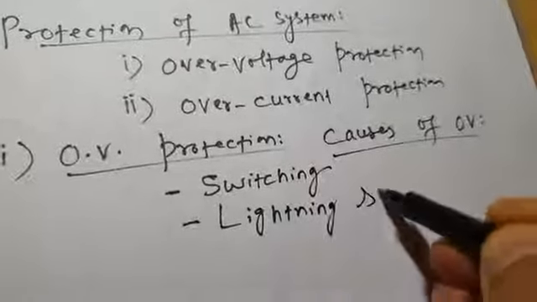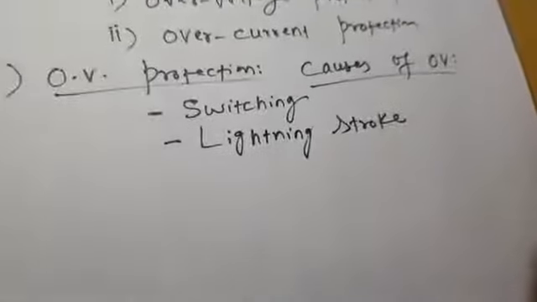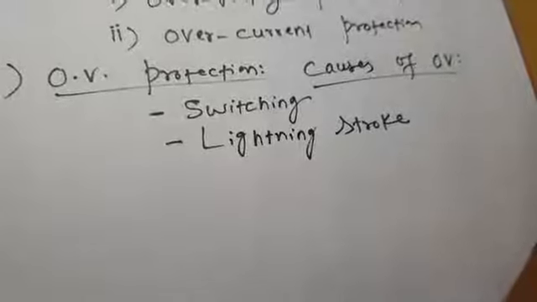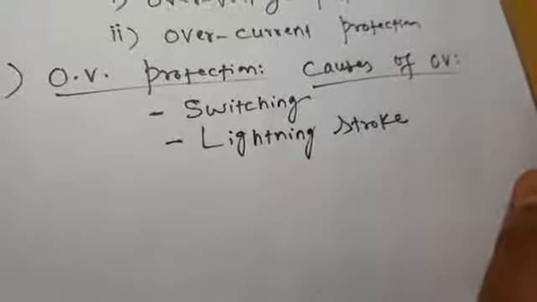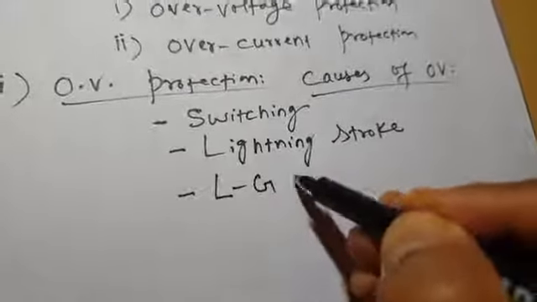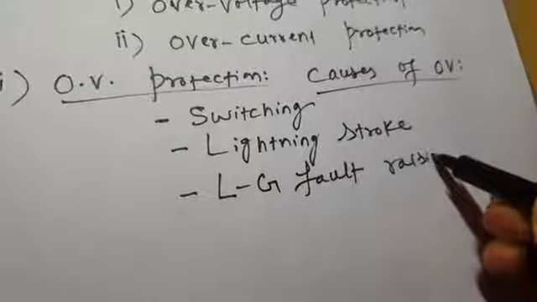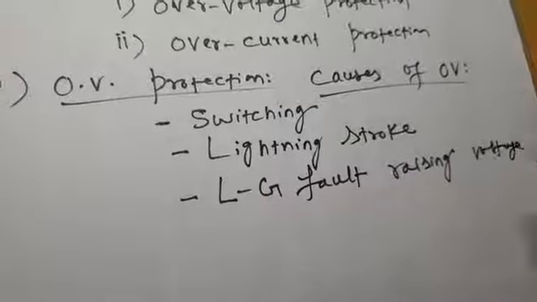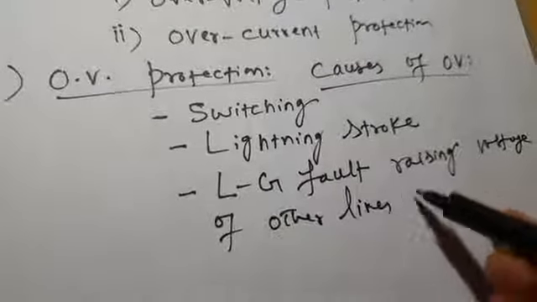Since your transmission lines are exposed to atmosphere, and your AC system is exposed to atmosphere, it may be hit by a lightning stroke. And whenever there is a lightning stroke, that results in large overvoltage on the system. And the third major cause is LG, that is line to ground fault, raising the voltage of other lines or other phases.